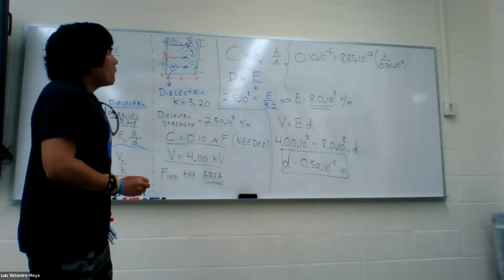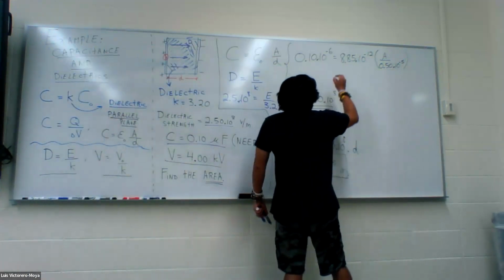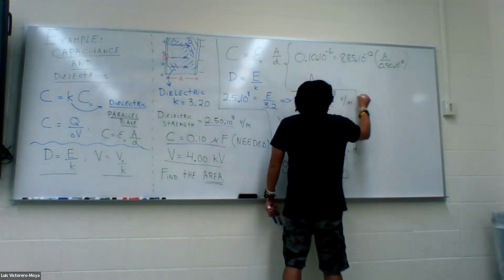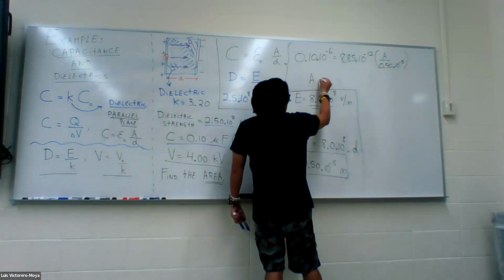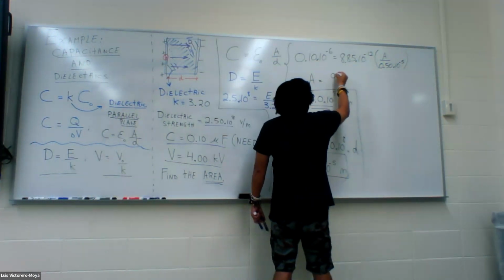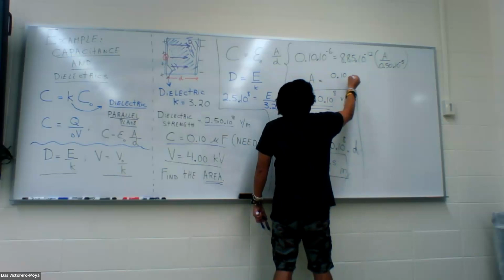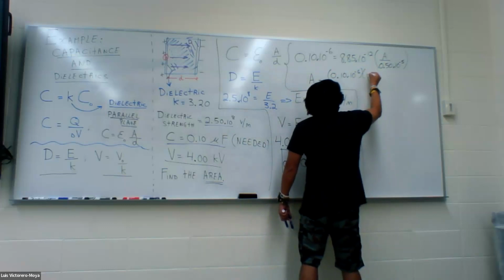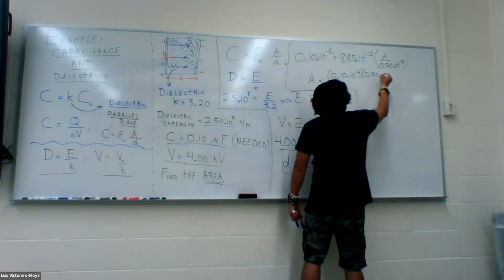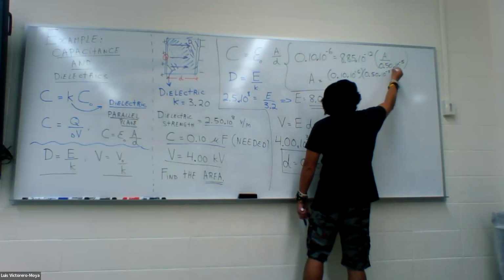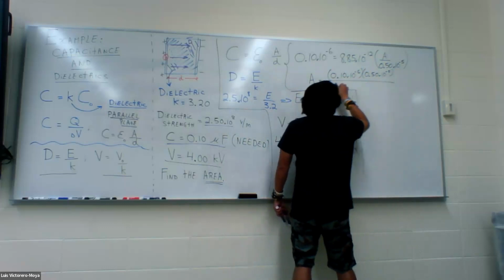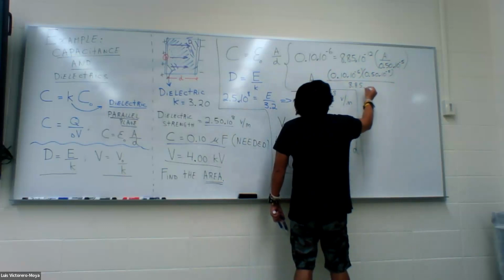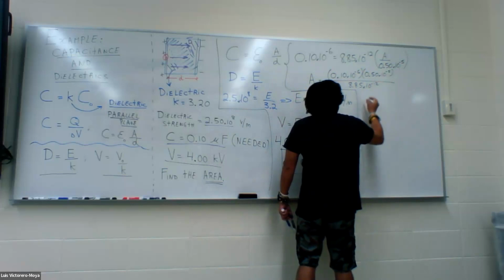Okay, so well, let's see also the math here. Area equals 0.10 times 10 to the negative 6 multiplied by 0.50 times 10 to the negative 5 divided by 8.85 times 10 to the negative 12.